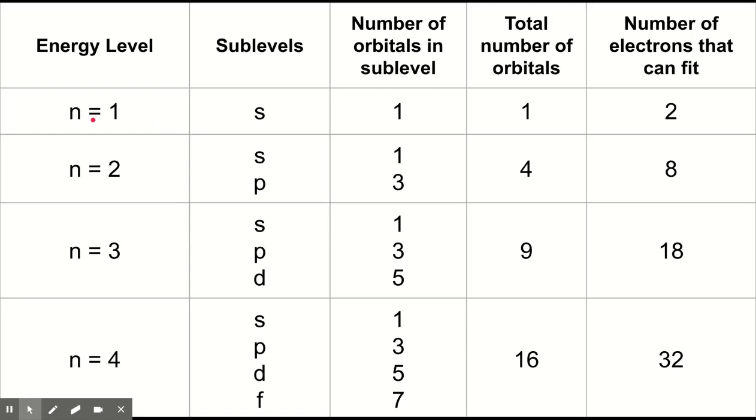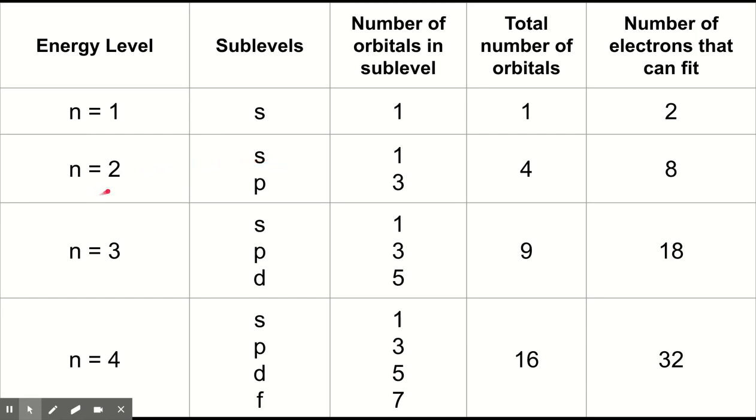If we look at our first energy level, it contains the sublevel S, which contains one orbital. So there is just one orbital in the first energy level. Each orbital can hold 2 electrons, and therefore the first energy level can hold a maximum of 2 electrons.